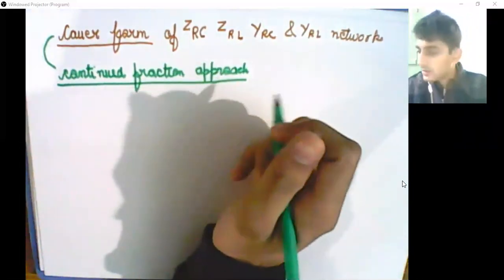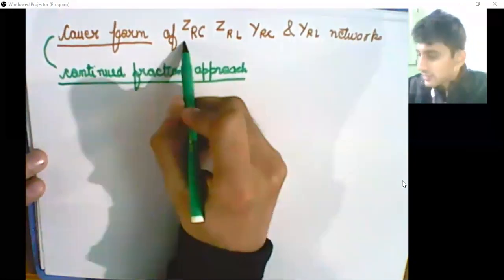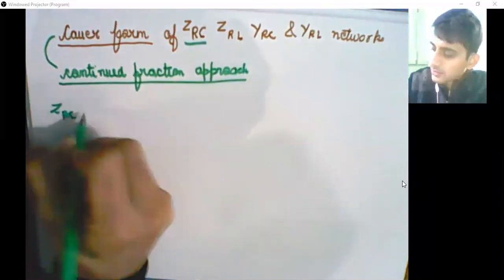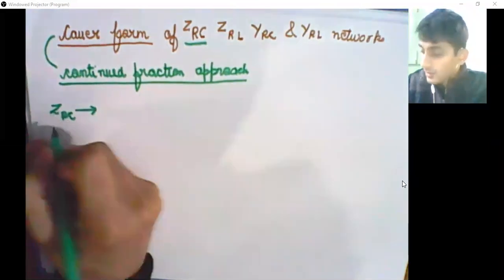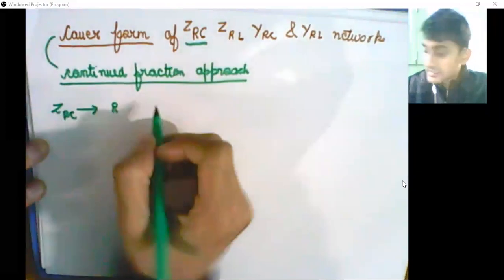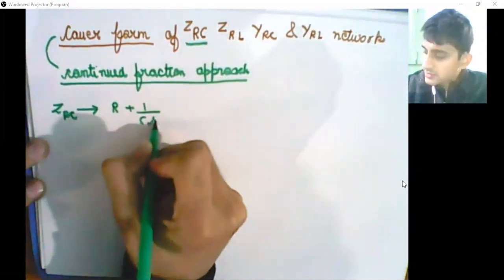So let's say we are doing the Cauer form of an RC function, let's say ZRC. Remember that R can come as it is, but C will come only and only as 1 upon CS.